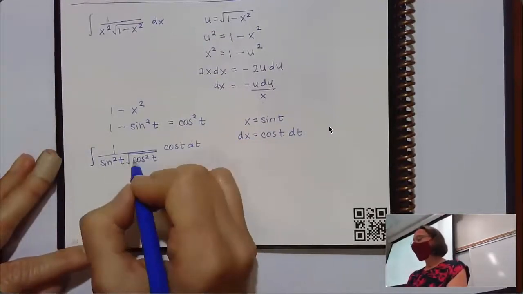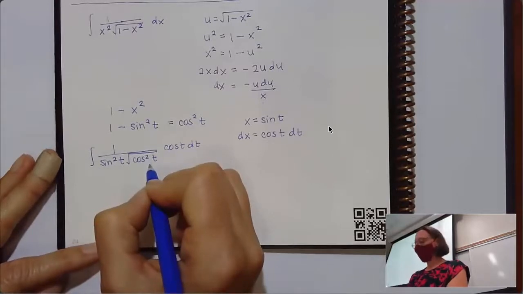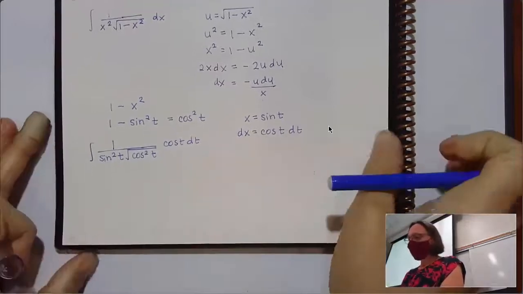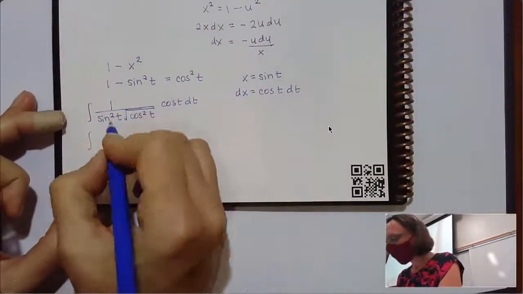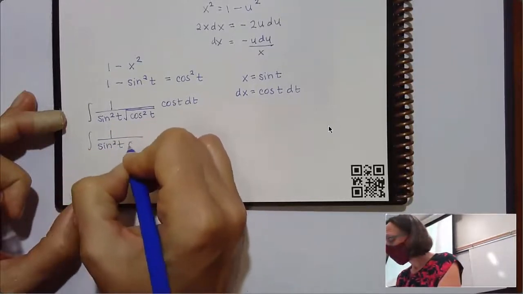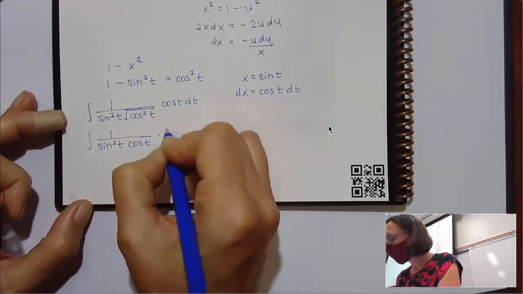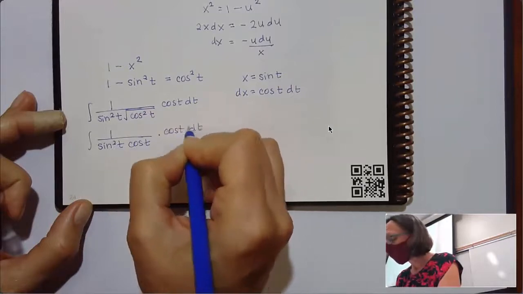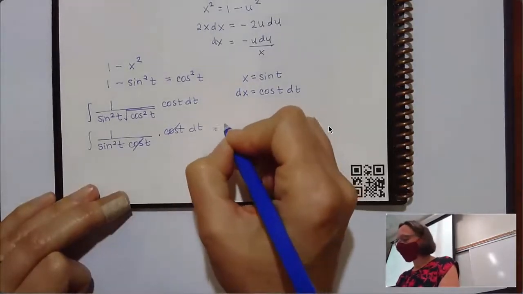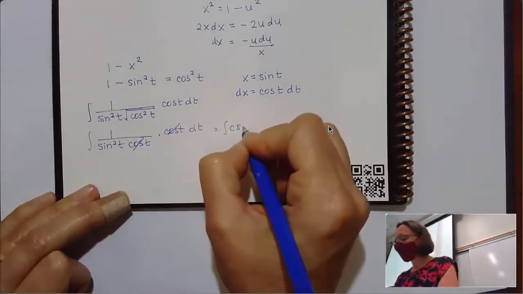And the square root of cosine squared t is cosine t, which means I'd end up with 1 over sine squared t, cosine t, times cosine t dt. And now we're almost there. We just have to remember that 1 over sine is secretly cosecant.